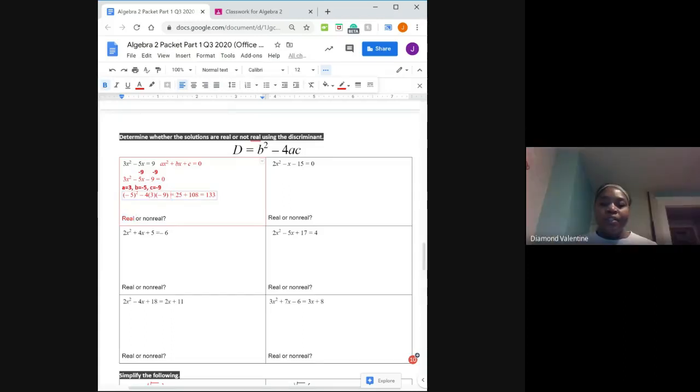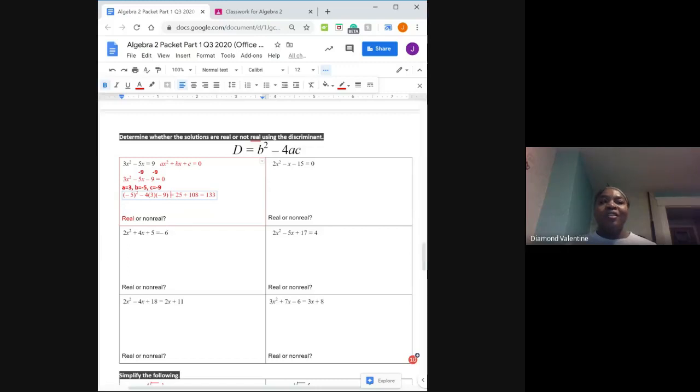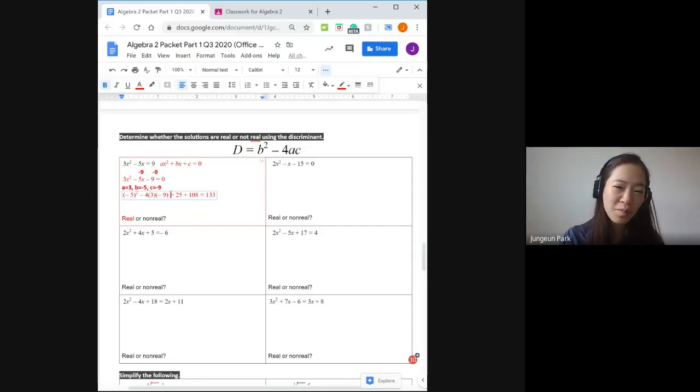It would be non-real. Let me ask you about 0 again. 0 will be real, so you need to be careful about that. 0 or positive numbers give real solutions. When you get a negative number, it means you got non-real solutions. Got it?